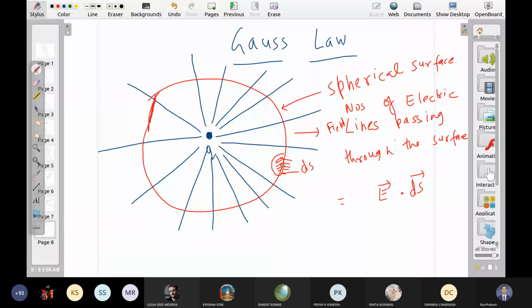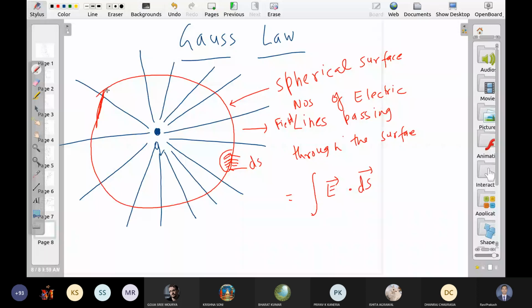If you integrate it over the whole surface, this is the total number of lines passing through this whole surface, which is actually the electric flux. Obviously electric field is proportional to charge. This thing is equal to the charge inside this surface Q divided by epsilon. This is Gauss law.